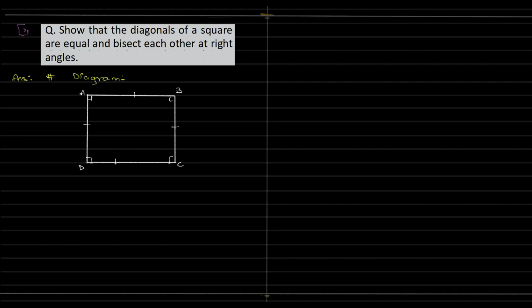So again, I would like you guys to write down a statement talking about this diagram and what we need to prove, and till there I want you guys to write. So let's consider a square ABCD.